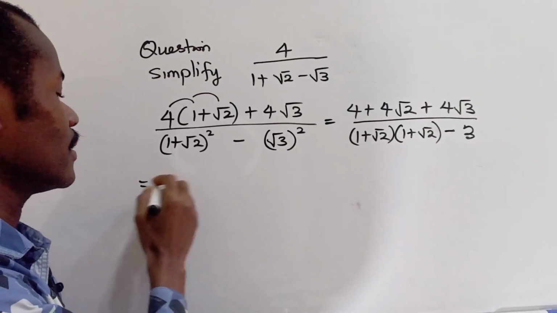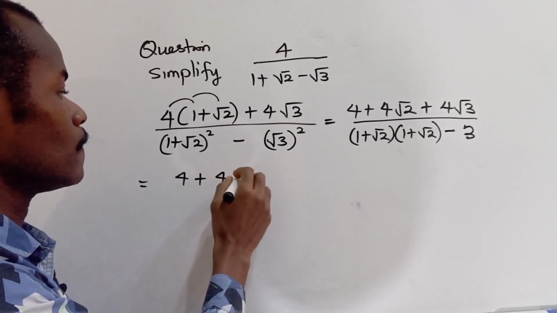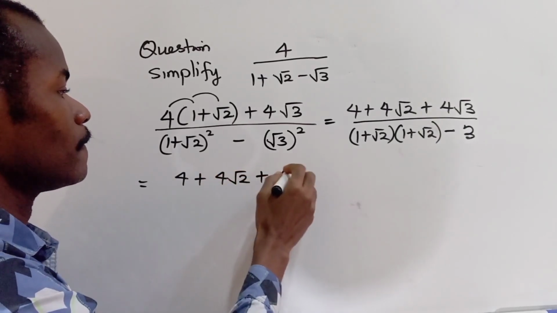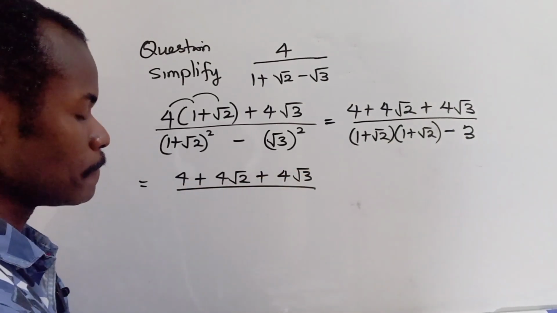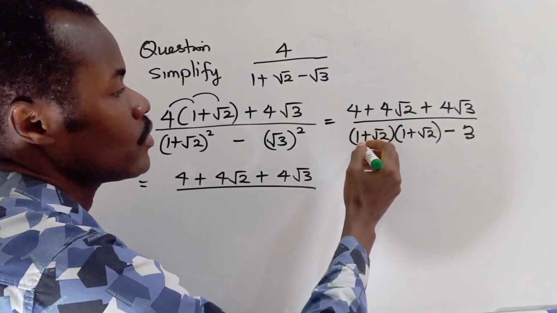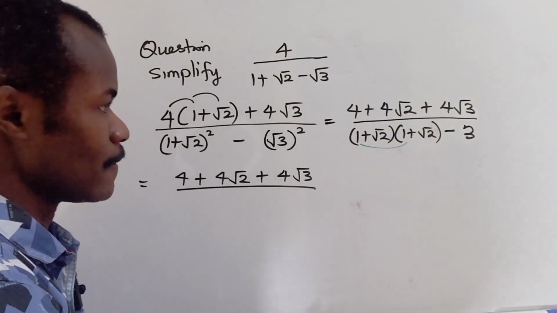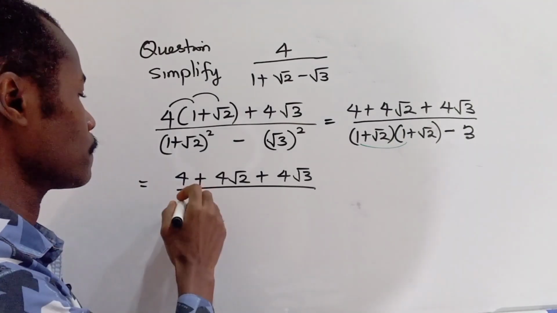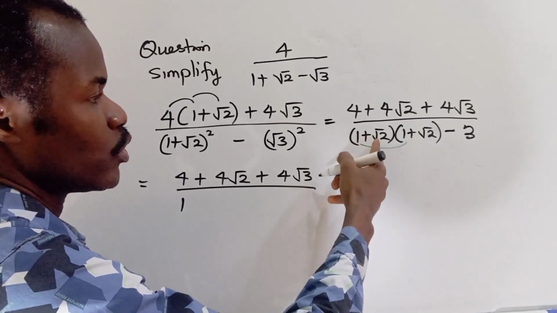Now let's expand that. So we have 4 plus 4 root 2 plus 4 root 3, divided by the denominator, for which we are going to FOIL. 1 multiplied by 1 gives us 1. Next, root 2 multiplied by 1 gives plus root 2.